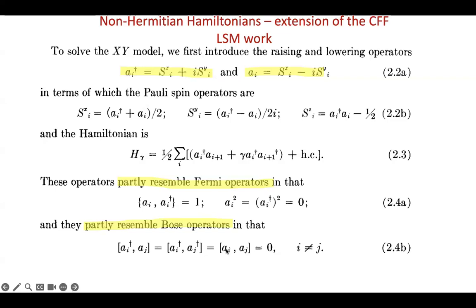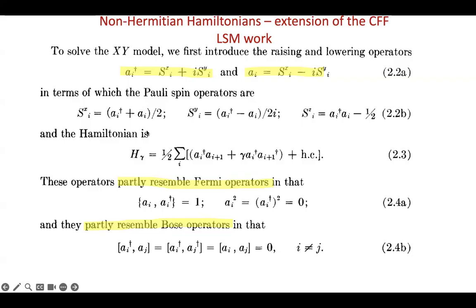Now, they also partly resemble Bose operators because their commutation properties also hold. They commute very nicely. They don't anti-commute. But because this is i not equal to j, the main property that matters is this property. So this property is tied to Bose operators.